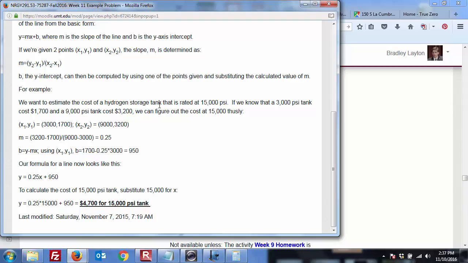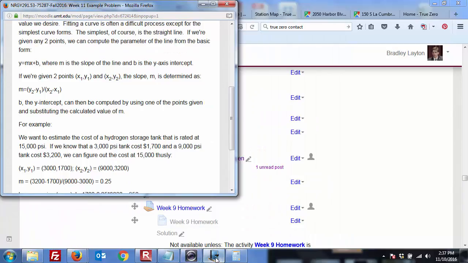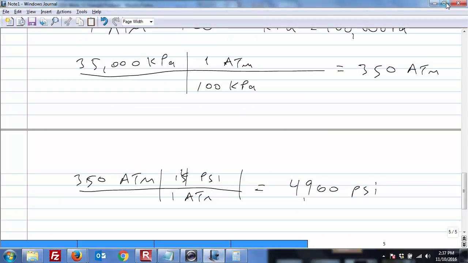Well, if it's linear, then that's great. I'll take you through that graphically.